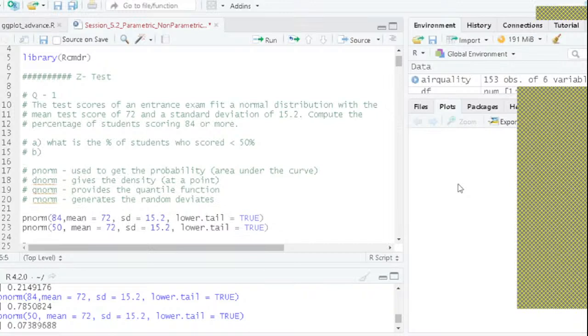B, what percentage of students scored between 50 and 75? Okay, let me see who can do it.